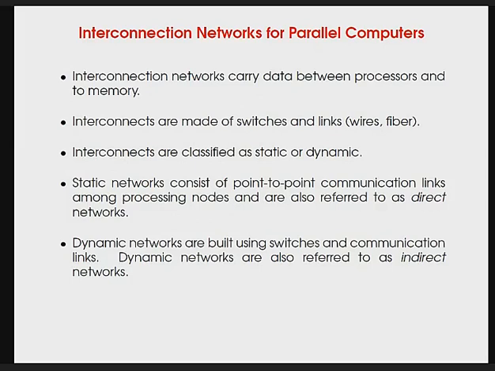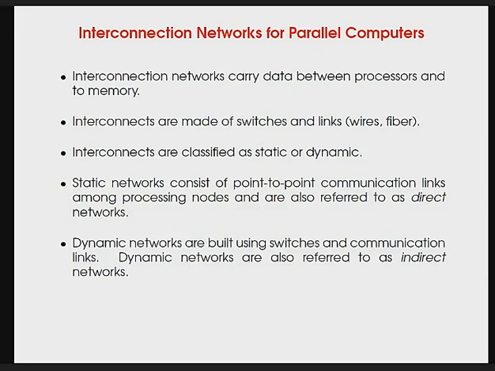For communication or interaction purposes, in a static network we have direct links between the processing nodes. But in a dynamic network, if you want to communicate between the processing nodes, you can do so with the help of a switch.